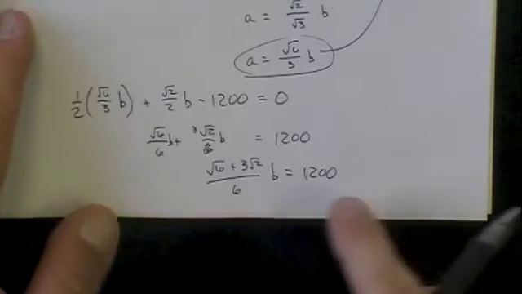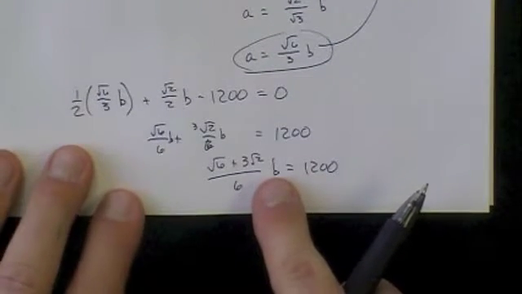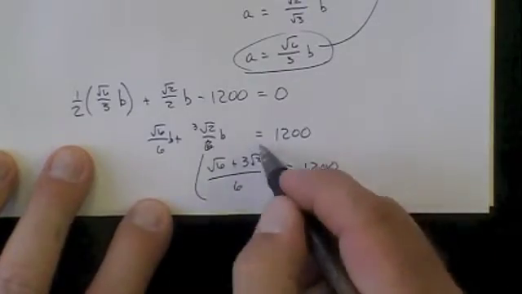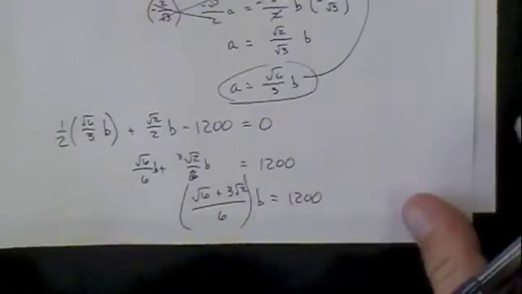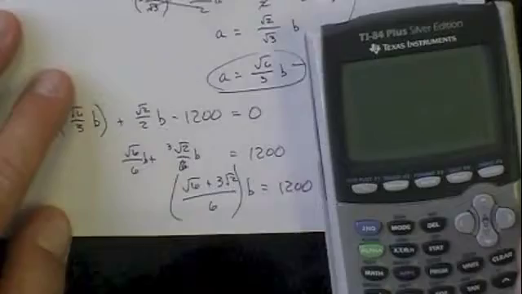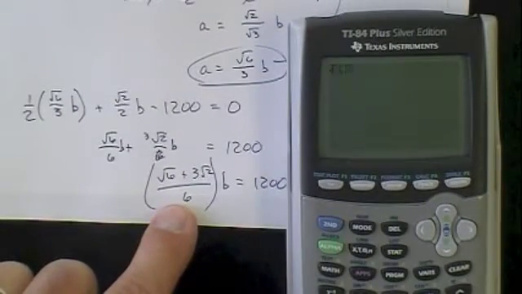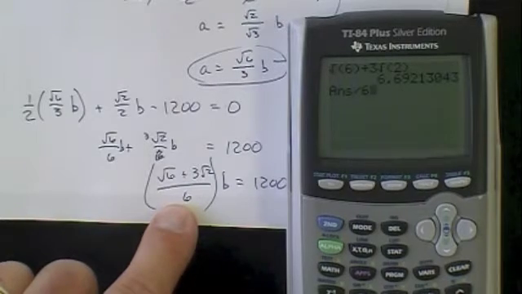What we're really going to find out here is what our force is on b. So at this point, if I want to find a decimal value, I can use the calculator. Let's say that we have square root of 6 plus 3 square root 2, and we're dividing that by 6.